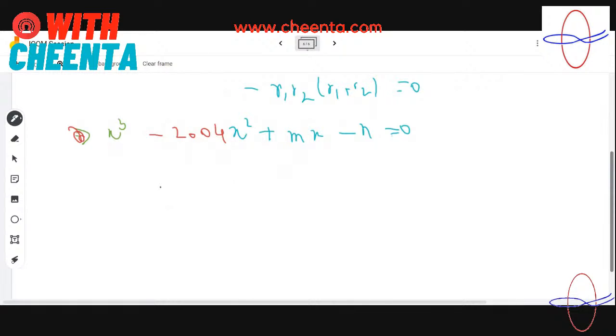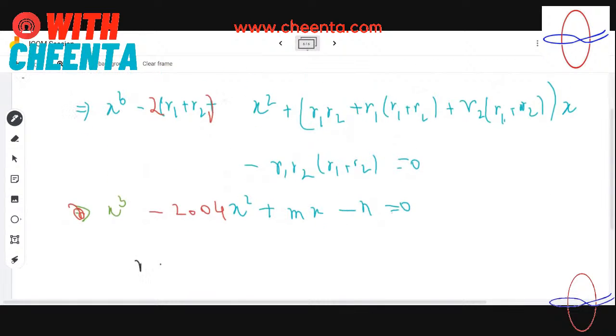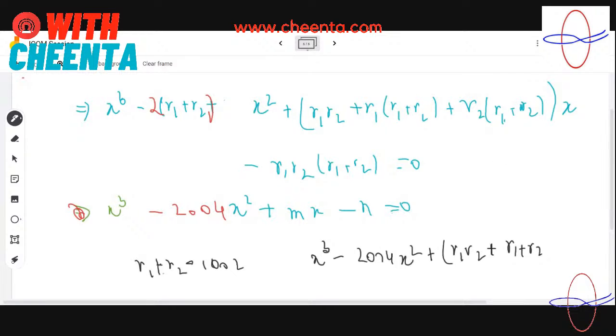Yeah, so therefore what do we get from here? We get that r1 plus r2 is equal to 1002. Okay, so replace it over here. So what do we get? It's x cube minus 2004 x square plus m. It becomes r1 r2 plus (r1 plus r2) whole square.